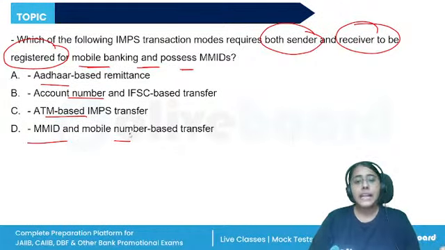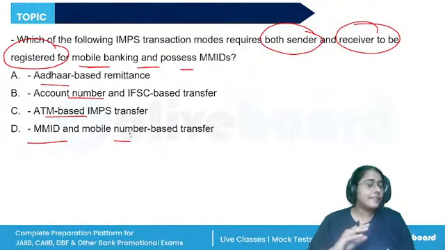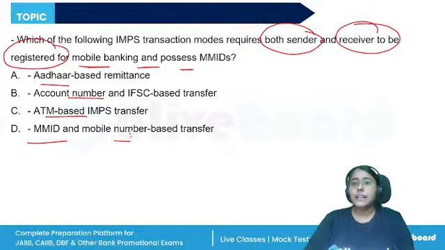Now, IMPS service, when we are talking about, I can send, receive funds using the MMID 24/7 interbank. Simply the sender and the receiver have to register for the mobile banking and get the MMID, 7-digit code, right?